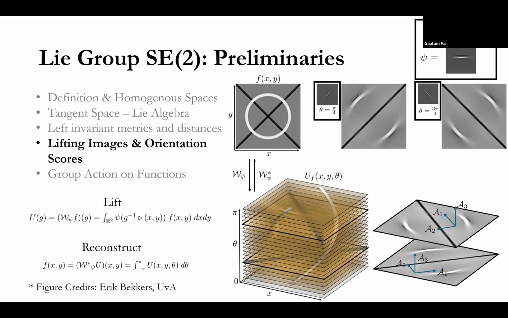The nice thing is that if you choose filters called cake wavelets, then you can reconstruct your image quite accurately by just integrating along the theta direction. So your lifting is convolving with different filters parameterized by theta, and to reconstruct, you just add it up along the theta direction.